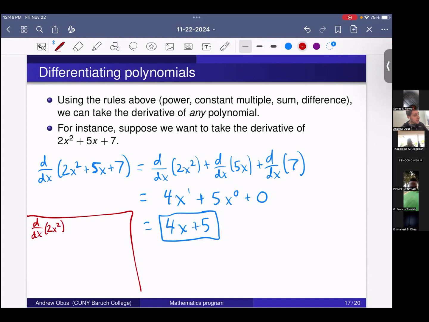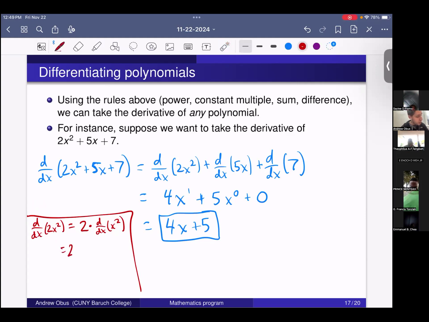From the constant multiple rule, that's the same as 2 times the derivative of x squared. This is what the constant multiple rule tells us: we can pull constants out of the derivative. So the derivative of 2 times x squared is just 2 times the derivative of x squared.